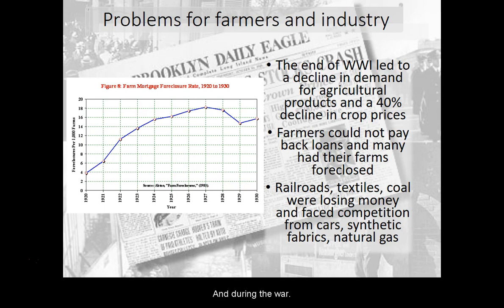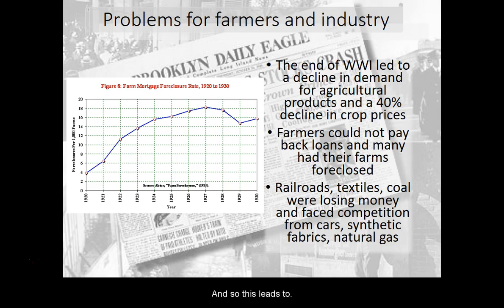During World War I, there's not a lot of competition from European nations because they're fighting the war on their own land. And so the government actually tried to get farmers to produce more during the First World War.